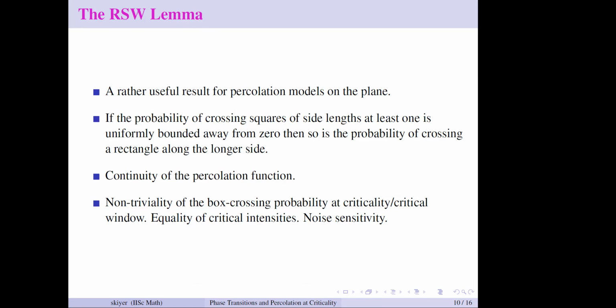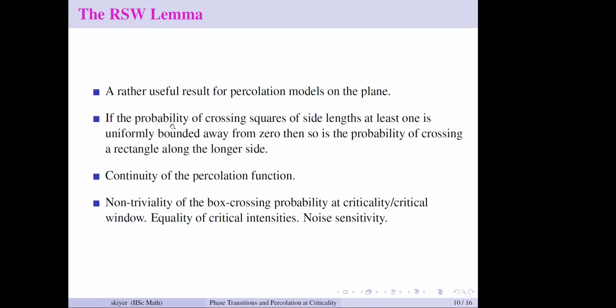This is called the RSW lemma in percolation. These RSW lemmas are peculiar to 2 dimensions, and they are a key ingredient in making a lot of proofs work in 2 dimensions. What it says is something very simple.